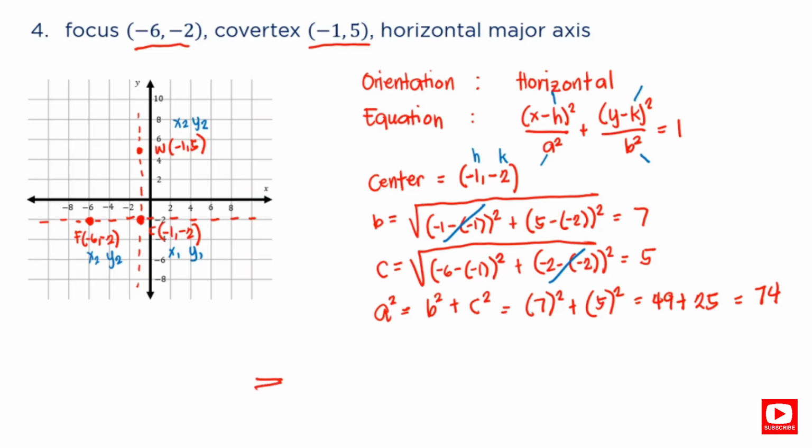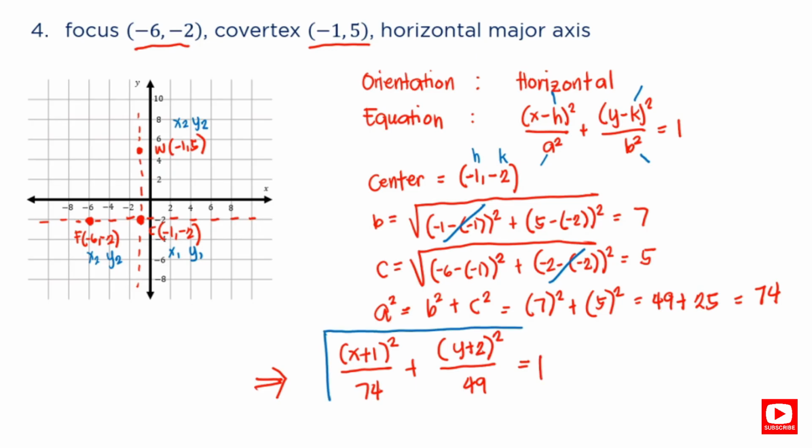Thus, the standard equation will be x minus h, so minus -1, that will be x plus 1, quantity raised to 2, all over a square is 74, plus y minus -2, so that will be y plus 2, quantity raised to 2, all over b square, 7 square is 49, equal to 1. And this will be our final answer.